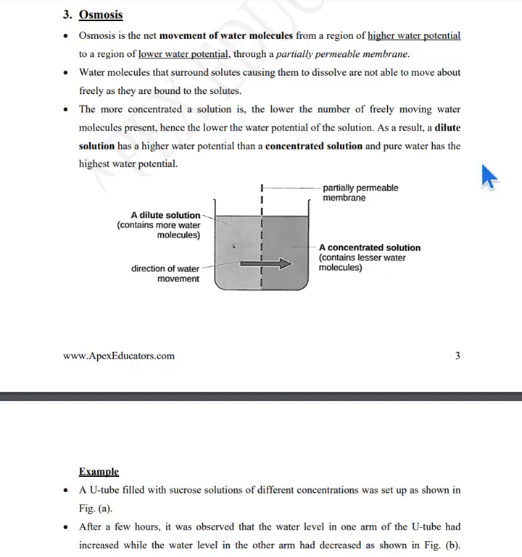And you need to tell me how they flow, from dilute to concentrated. Which one has a higher water potential and which one has a lower water potential, and state the reason. An example is the beaker with dilute solution and concentrated solution.